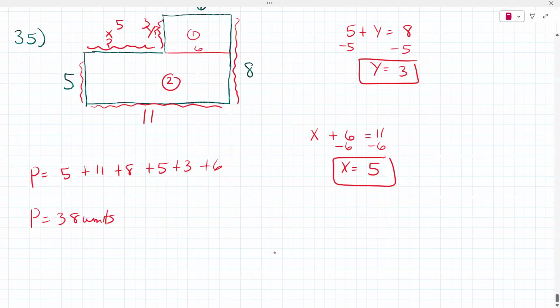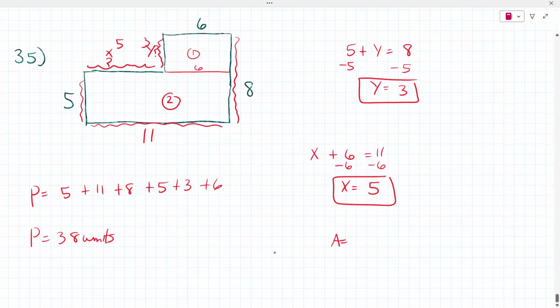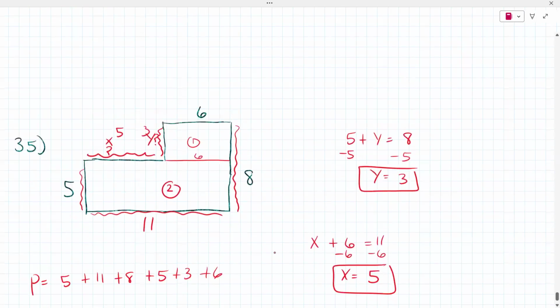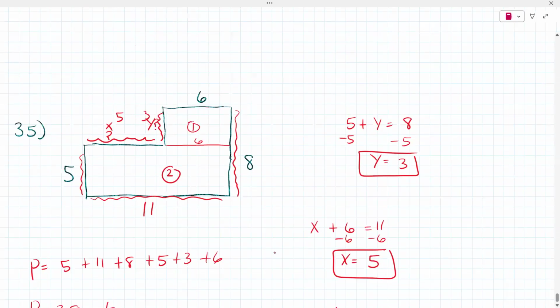And then the area, let's just take the area. So we have, let's do the first rectangle and the second. So the area of the first rectangle is base times height, which is 6 by 3, which is 18. And then the area of the second image is going to be, the base is 11, so this one right here is 11, and then the height is 5.